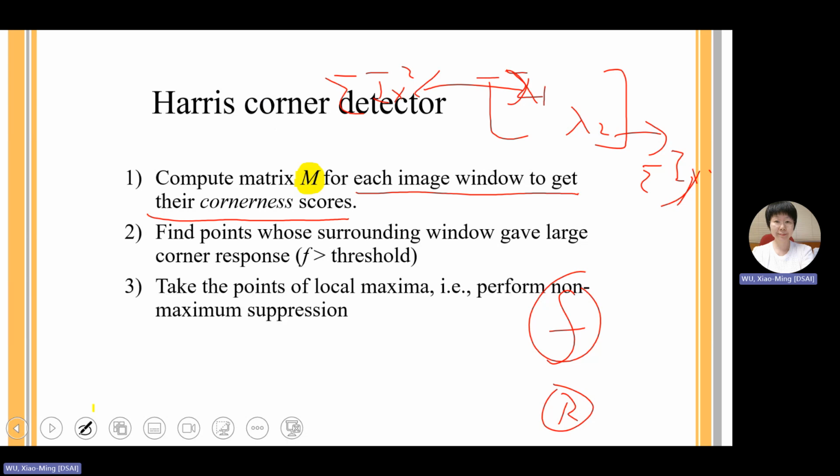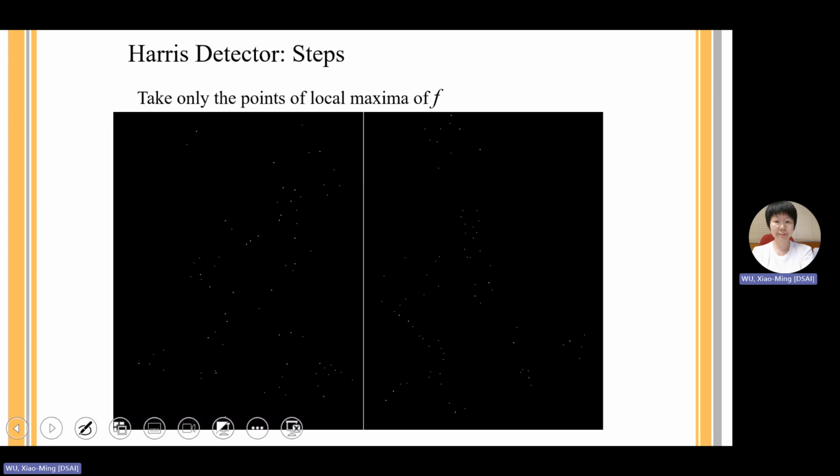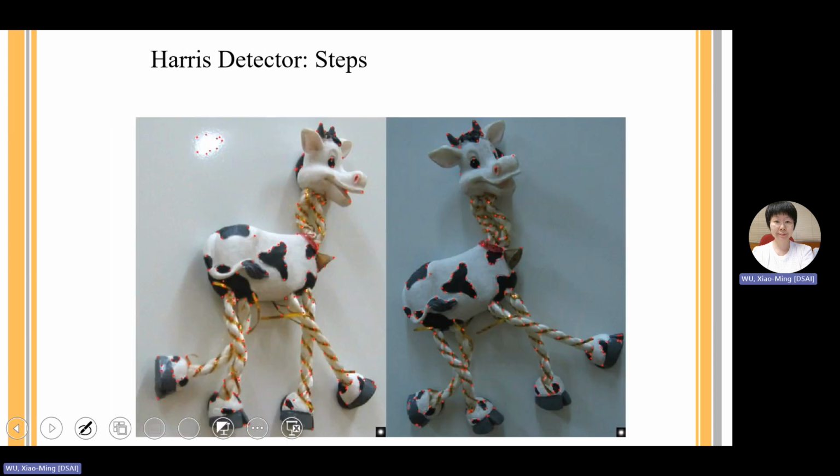So we compute the corner score map and then we threshold it by only keeping the larger responses. Then we do non-maximum suppression to take the points of local maxima, the peak values. So this is our final result. If we draw the corner points and overlay them on the image, you can see, for example, at these regions, similar points are identified.